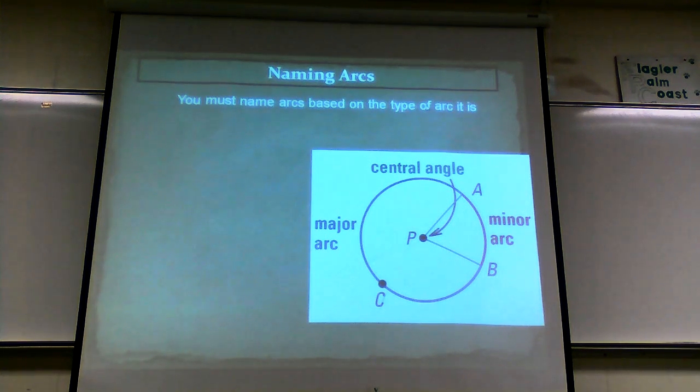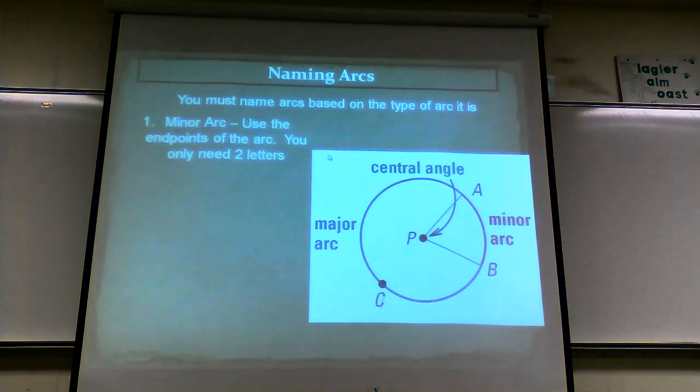Okay, now, the way you name arcs, guys, what I said was based on the points on the circle. The two main points that you always use are going to be the endpoints of an arc, such as the minor arc up there is the red one, the major arc is the blue one.